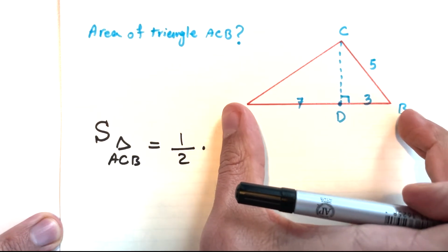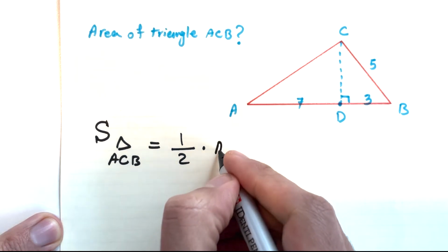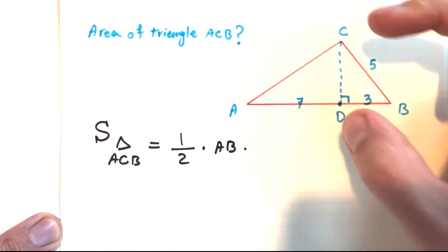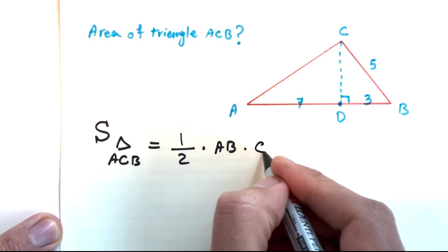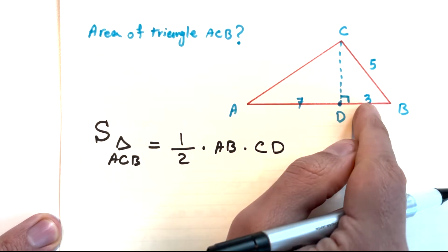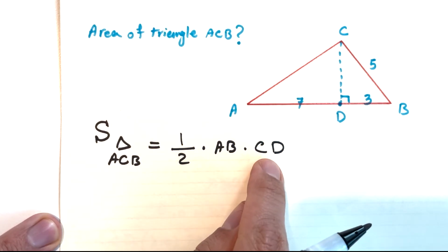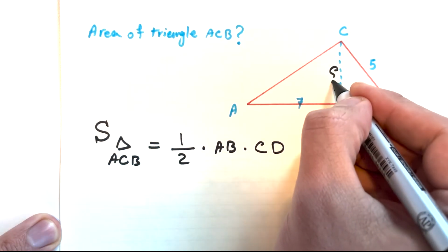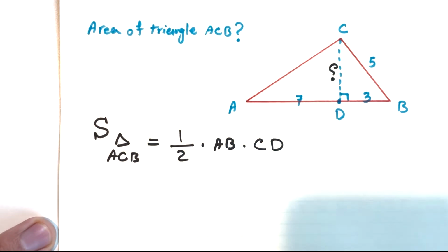So I write it as AB, the length of AB, times the height, which is the CD. I have the AB, but I don't have the length of CD here. So first, I should find that.